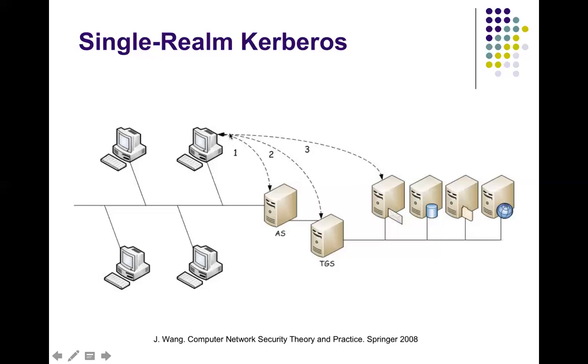Then Alice presents that V ticket, right? The ticket issued for this email is a V ticket. Then Alice presents that V ticket to the email server, and the server looks at the V ticket, authenticates Alice, and then allows Alice to use the email software here to send email.